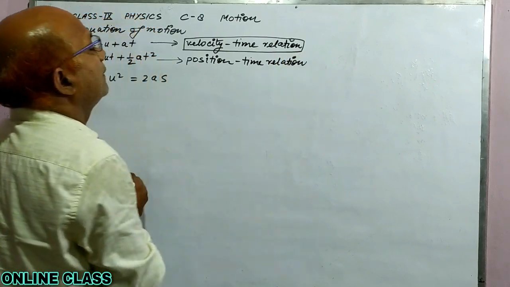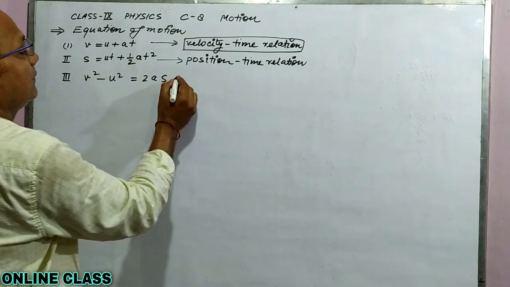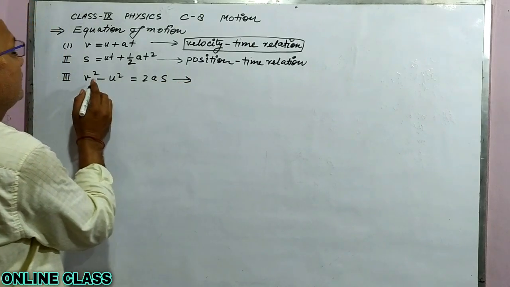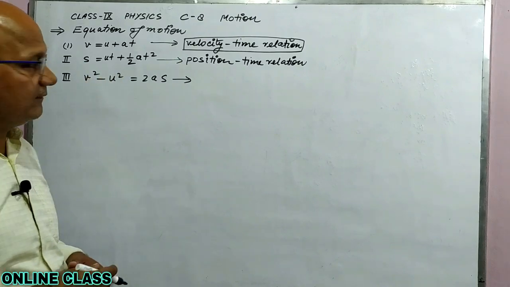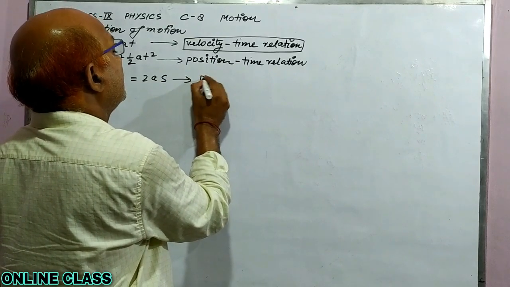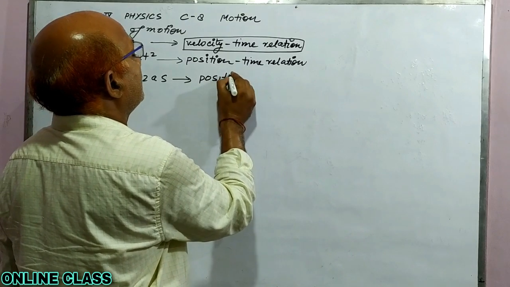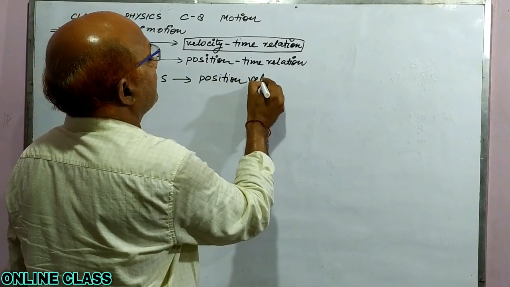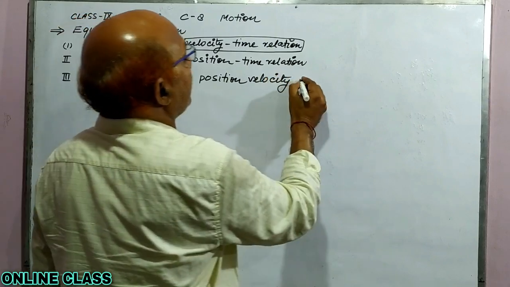Okay? And third equation of motion, this is v square minus u square equal to 2as. This is called position velocity relation.